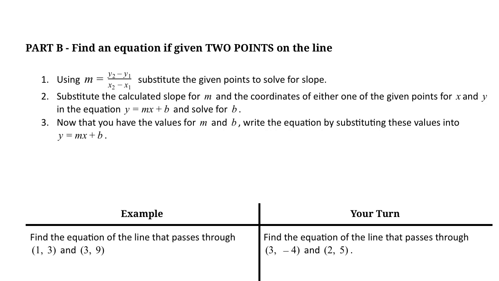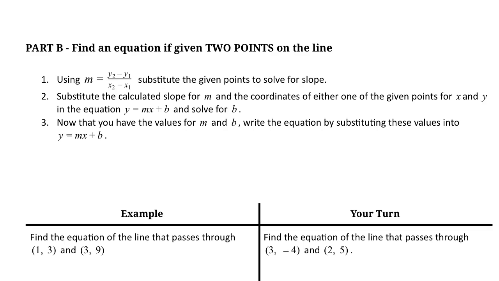So the general steps are as follows. Your first step would be to calculate the slope. Since it wasn't given to you, you need to calculate it yourself. If you are given 2 points, the easiest way to find the slope would be to use your slope formula: y2 minus y1 divided by x2 minus x1.